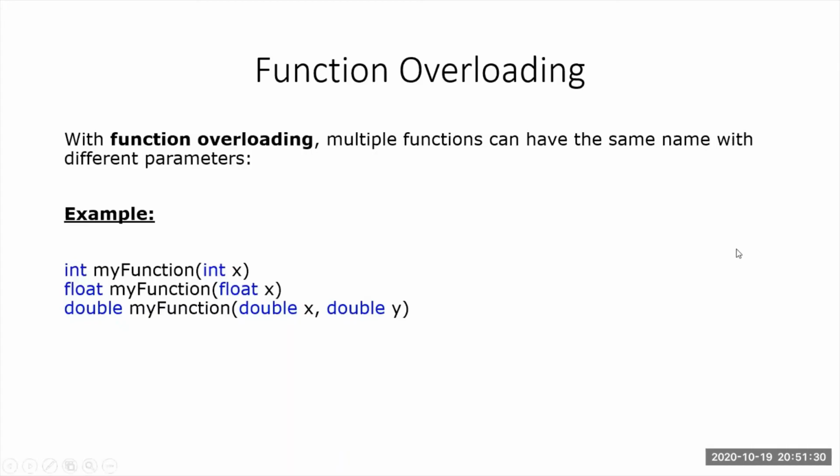So what function overloading does is you can have multiple functions with the same exact name, but different parameters and different operations on these parameters. How might this be helpful? There are really rare scenarios, as I mentioned, but let's say you're trying to perform an addition operation.